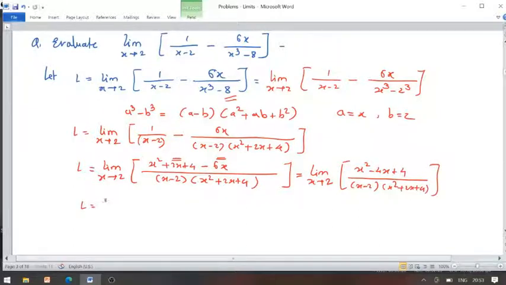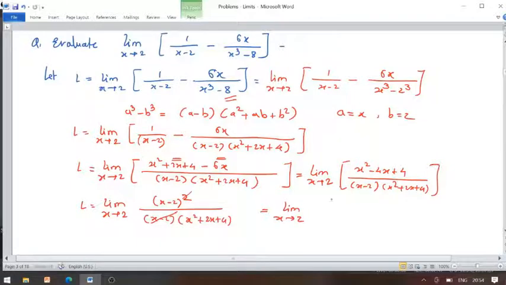Look carefully at the numerator. The numerator is a perfect square, x minus 2 the whole square, divided by x minus 2 into x square plus 2x plus 4. One of the x minus 2 from numerator and denominator gets cancelled, and we remain with the limit as x tends to 2 of x minus 2 divided by x square plus 2x plus 4.